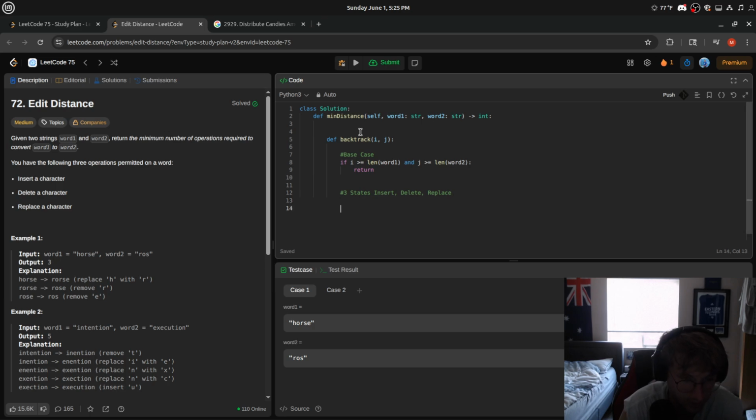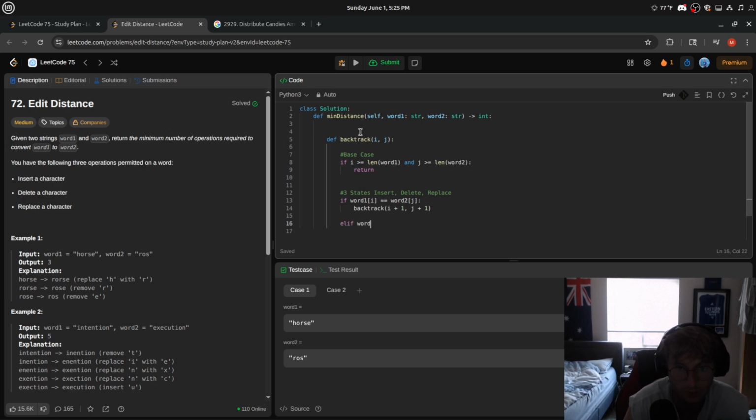So okay, well, let's do if word1[i] is equal to word2[j], right? Then we're just going to backtrack(i+1, j+1), right?